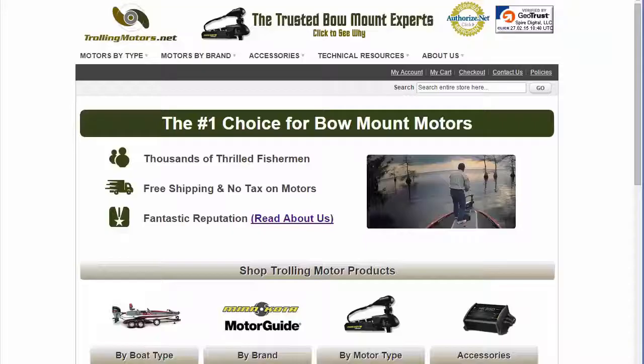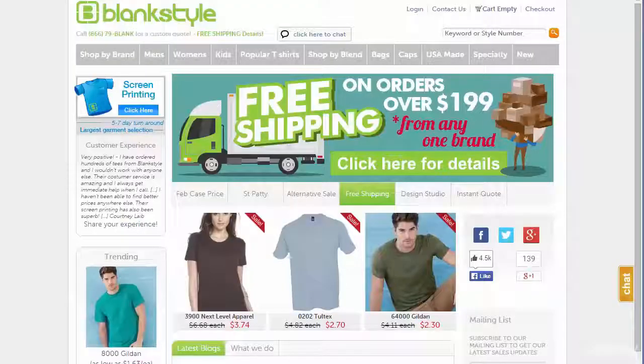Another one is trollingmotors.net. Again, if you go to their home office, they don't even have one single trolling motor. As a matter of fact, I listened to one of their podcasts by the owner. When the owner first started this company, he knew absolutely nothing about trolling motors, and he makes a multiple six-figure income selling trolling motors that he doesn't own. That's how that works. So there's niche website drop shipping.